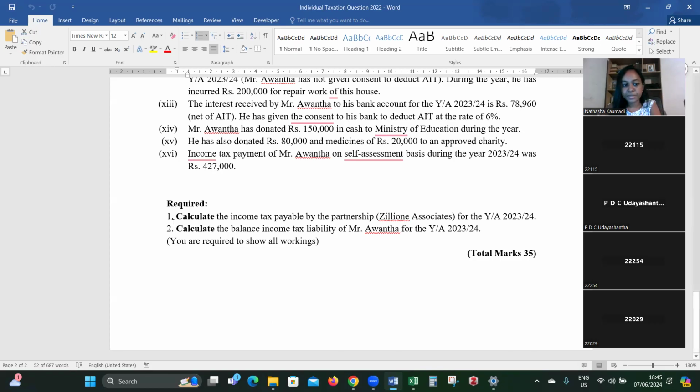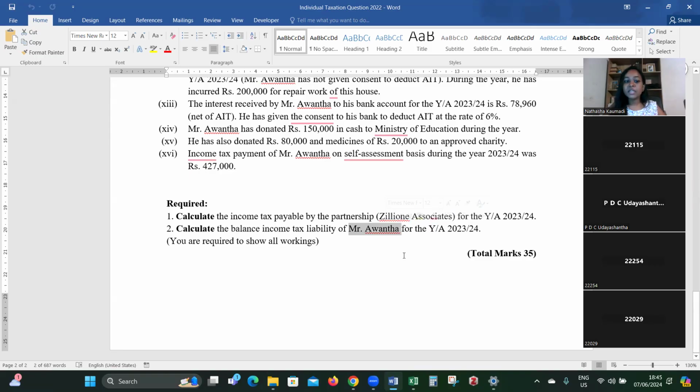There are two requirements. First, calculate the income tax payable by the partnership Zillion Associates for the year of assessment 2023-24. As you can see, you have discussed partnership taxation. Second, calculate the balance income tax liability of Mr. Avantha for the year of assessment 2023-24.